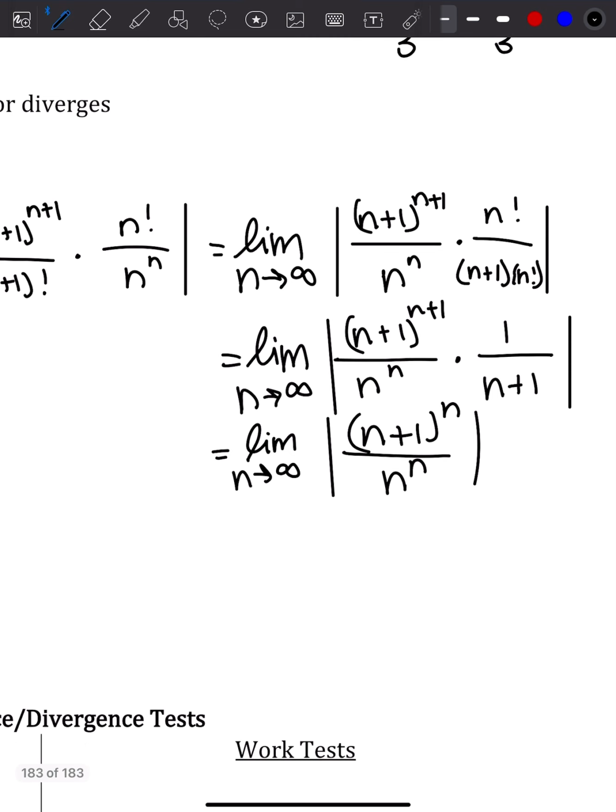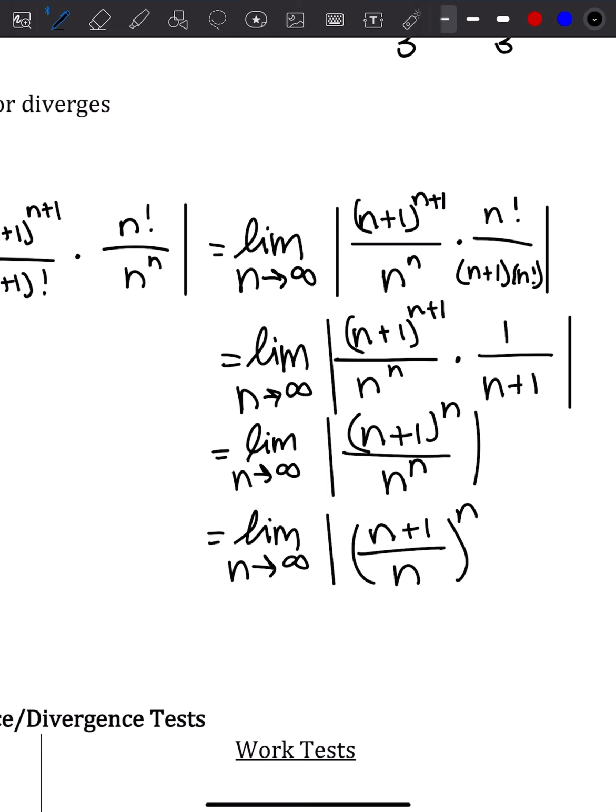The other way that I can rewrite this is the limit as n approaches infinity of the absolute value of n plus 1 divided by n, all raised to the nth power. Because they're being raised to the same power, I can split that up a little bit. This is actually a really special limit because this limit is how we approximate e.